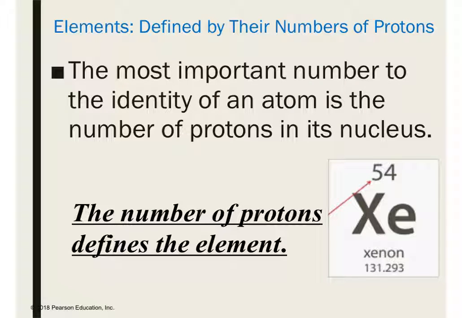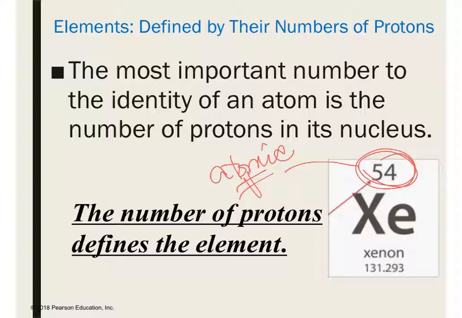All right, so let's talk about the symbolism we use to identify each individual element that we know of. Looking at the periodic table, the most important number is the number on top, and that is called the atomic number, and that tells us the number of protons. It is the most important number because it tells us the identity of an element.